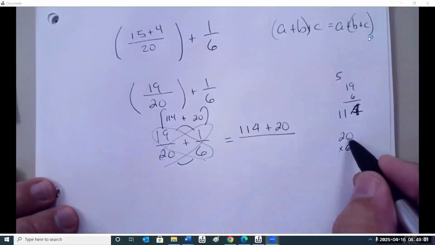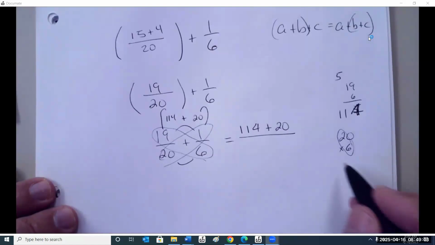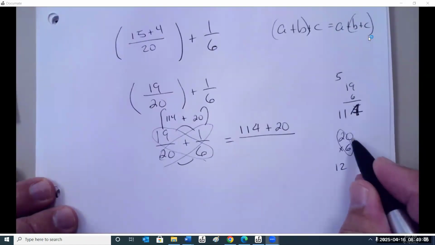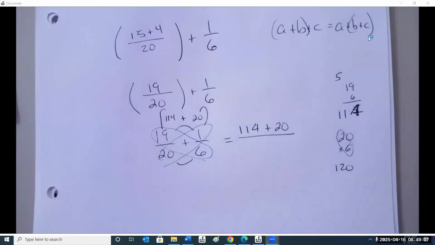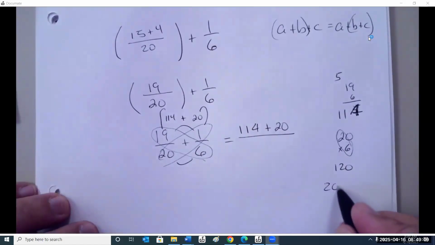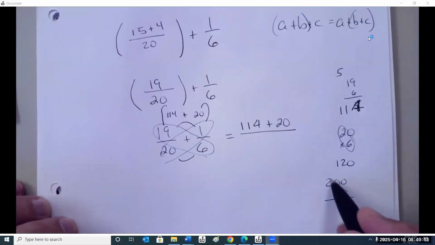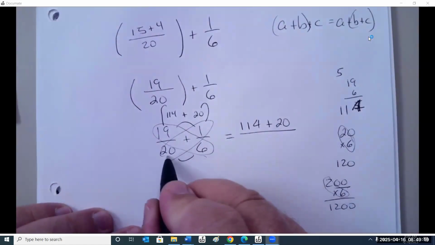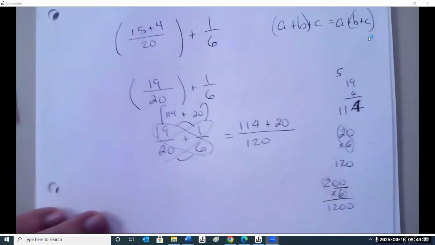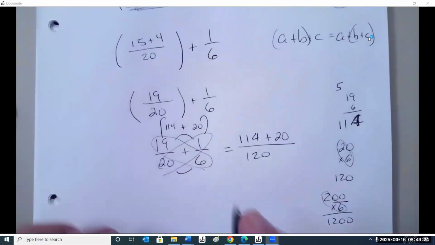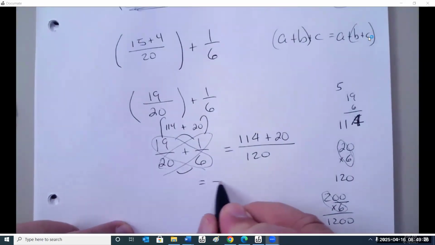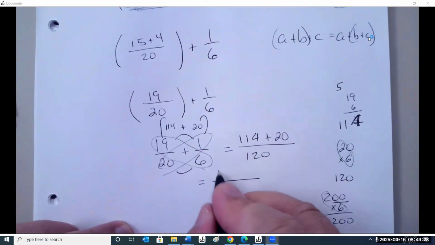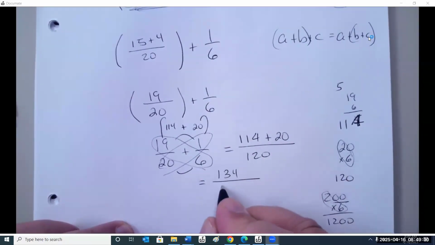All you have to do is multiply 6 times 2 is what? And put 1 zero behind it. If it was 200 times 6, 6 times 2 is 12 with 2 zeros behind it. So this is going to be 120. So we have 134 over 120.